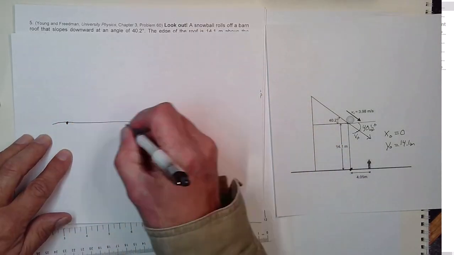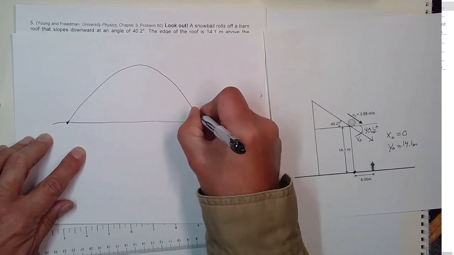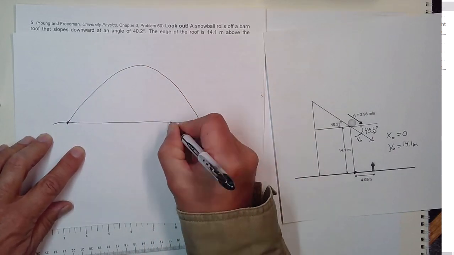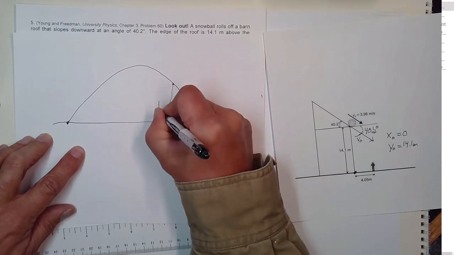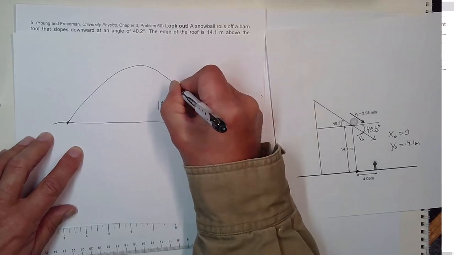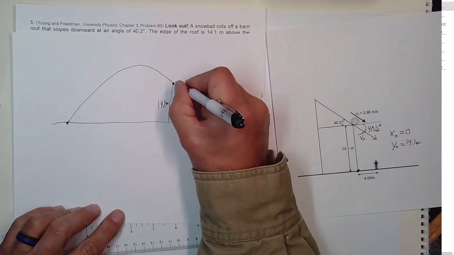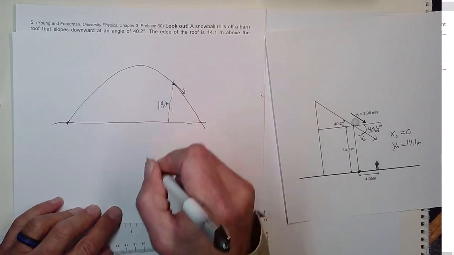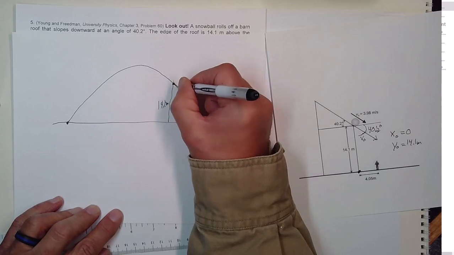We have level ground here. If we had a projectile launched in the air such that at one point in that projectile's life, it had a 14.1 meter high elevation above the ground.